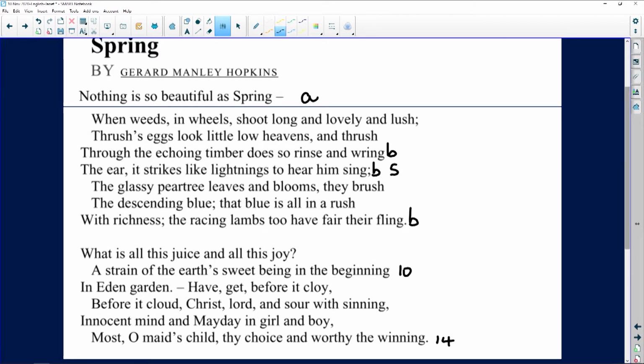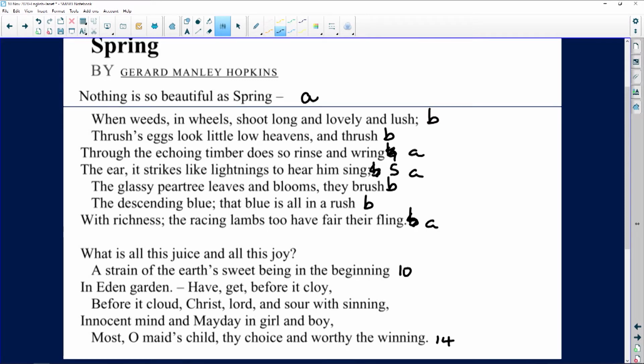Now we go to B. Sorry, that's meant to be A. What am I thinking of? A, right. Now B. Lush and thrush and brush and rush. Right.